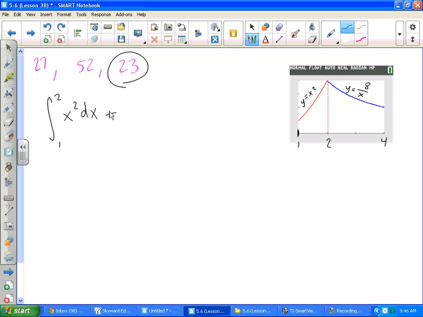And then I'm going to add that to the area from 2 to 4, and in there I put 8 over x, which is the natural log of the absolute value. Okay, the 8 can just be pulled out front. So from there, are we okay taking the antiderivative and plugging the values in? I think the setup is what gets us for the most part. So that takes care of 23 there.